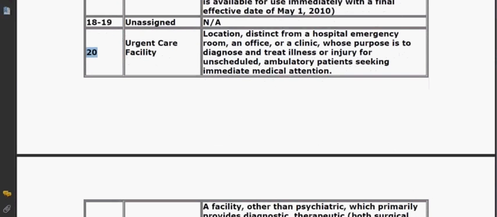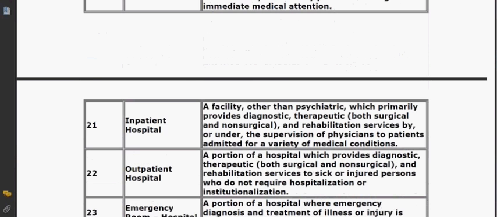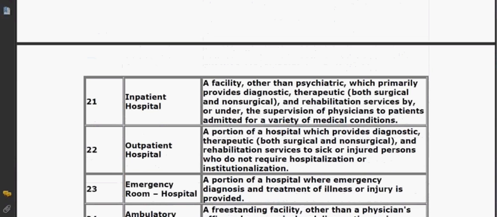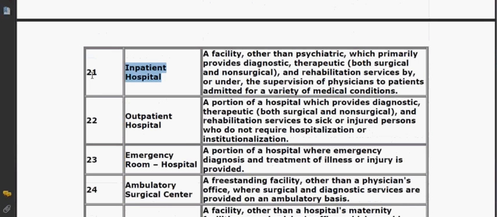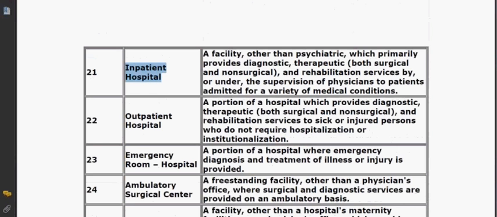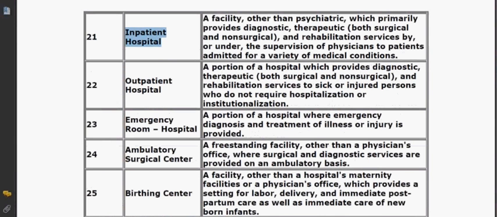So it's so important that these codes are represented accurately. If you visit as an inpatient, there's a 21. If it's an outpatient, there's a 22. Okay, so that's just for your information.